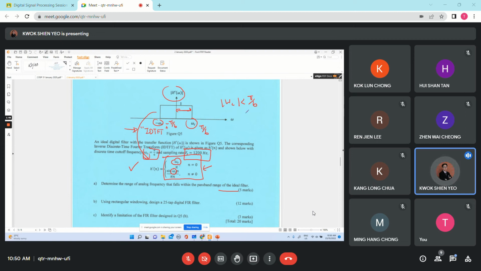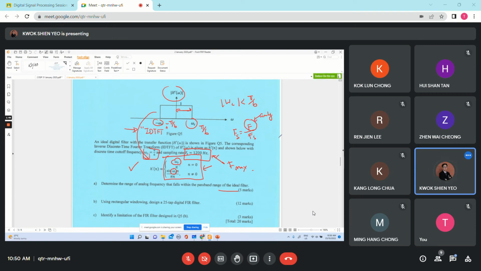And the fact that you know what Fs is, from here you could know what the F max is, by the Nyquist theorem, the sampling theorem. Then the analog frequency divided by the sampling frequency, F divided by Fs, is your normalized frequency.